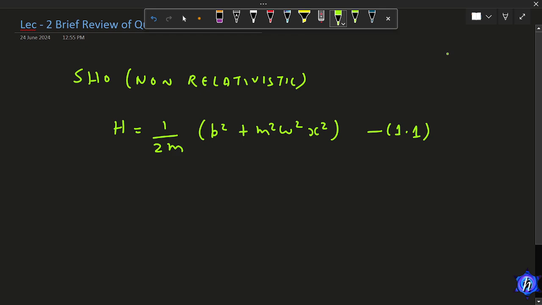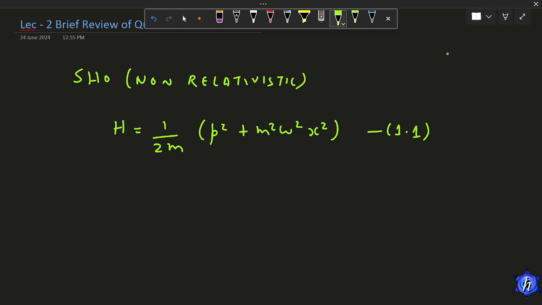Just a side note, I will be using the same equation numbers as I'm using in my notes. I have a set of notes which I prepared for the lecture. So this is the Hamiltonian of the one-dimensional oscillator.